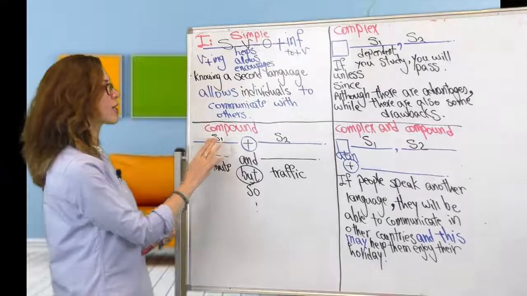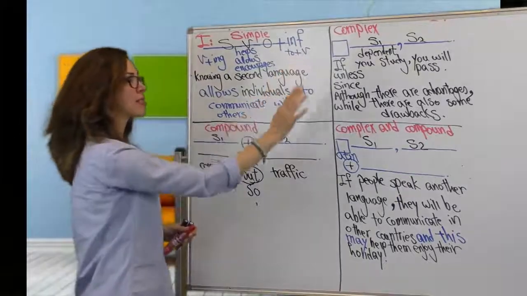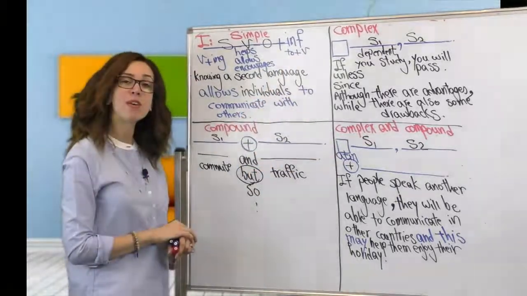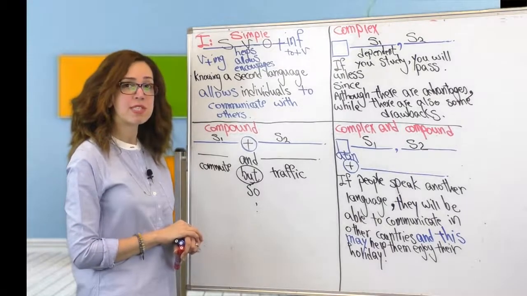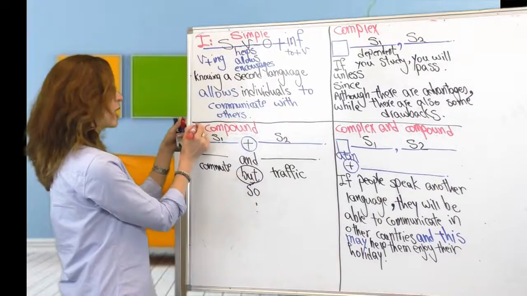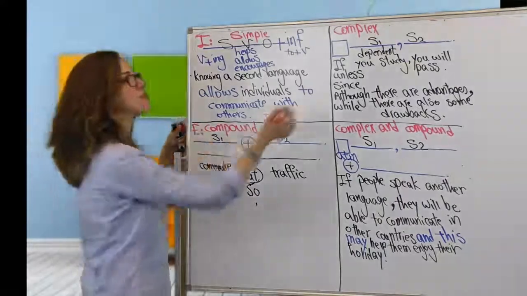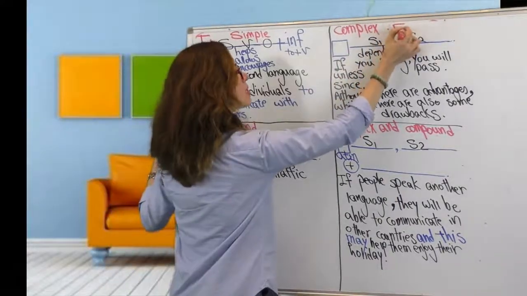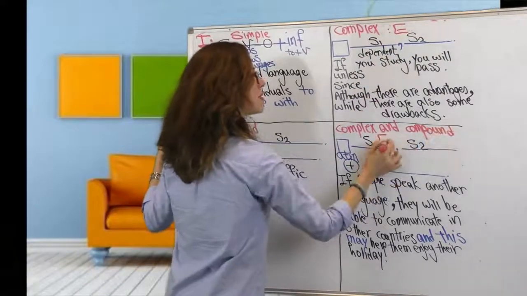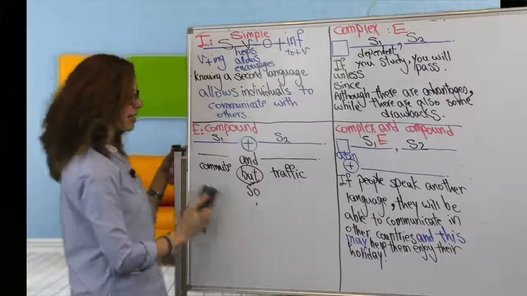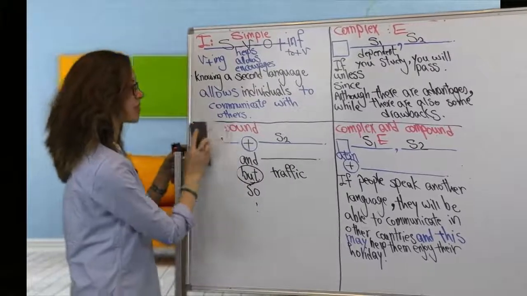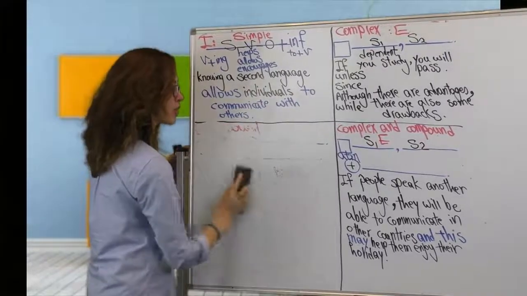Now we're left with compound, complex, complex and compound, and the E in our body paragraphs. Well, all these three sentences can be used in the E. Now I will show you how. Let's go back and look at our body paragraph structure.